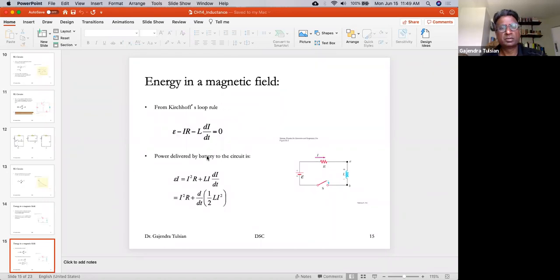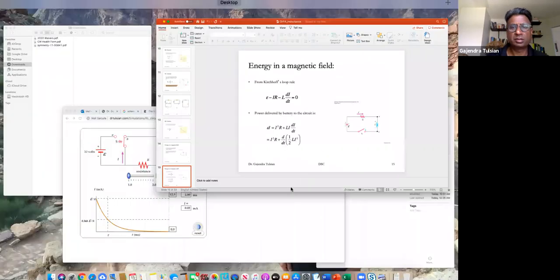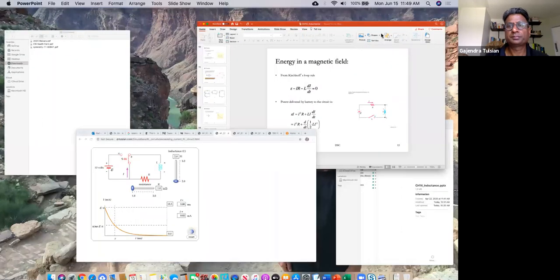So we'll get an expression for that. Again, we'll use Kirchhoff's rule to come up with the differential equation for the behavior of this system. So we'll close the switch. Now let's go to the whiteboard.